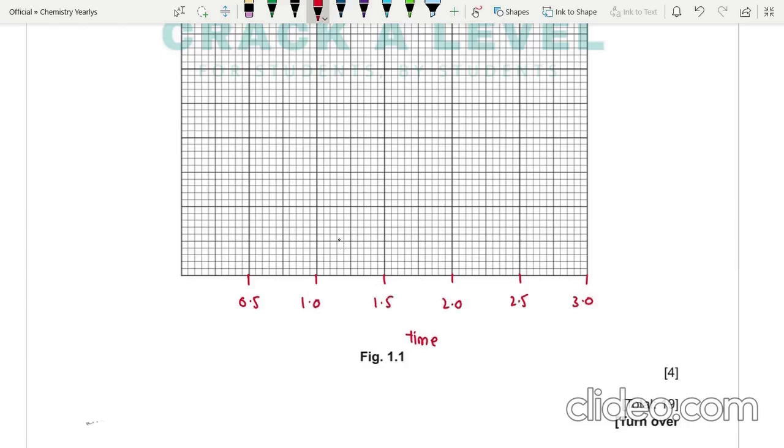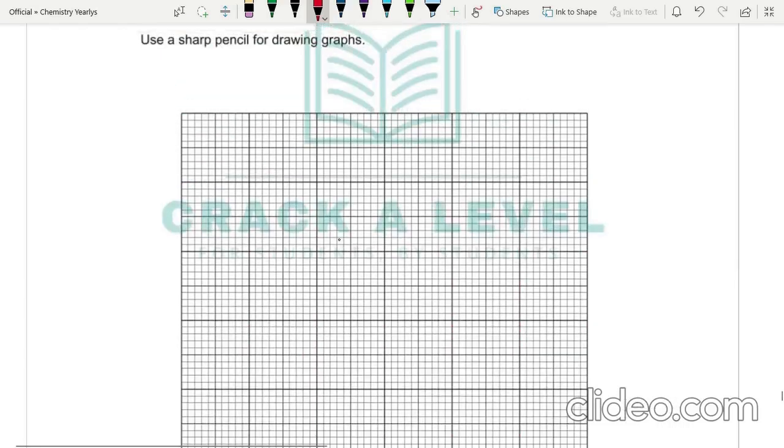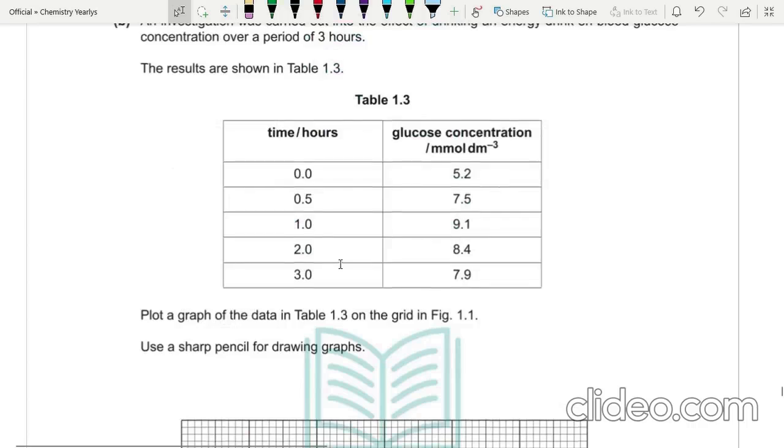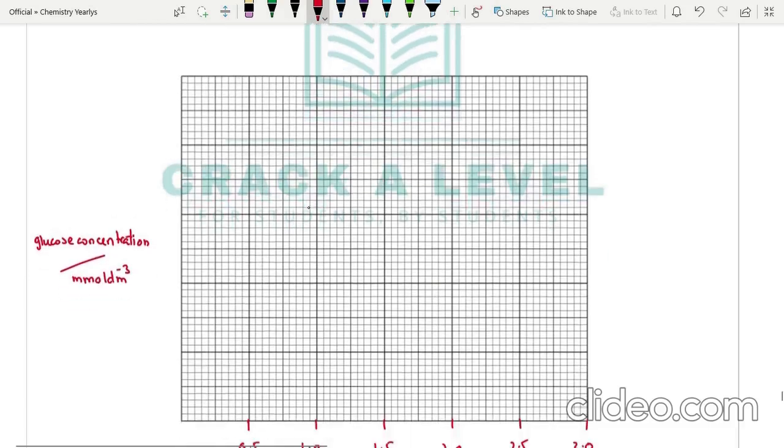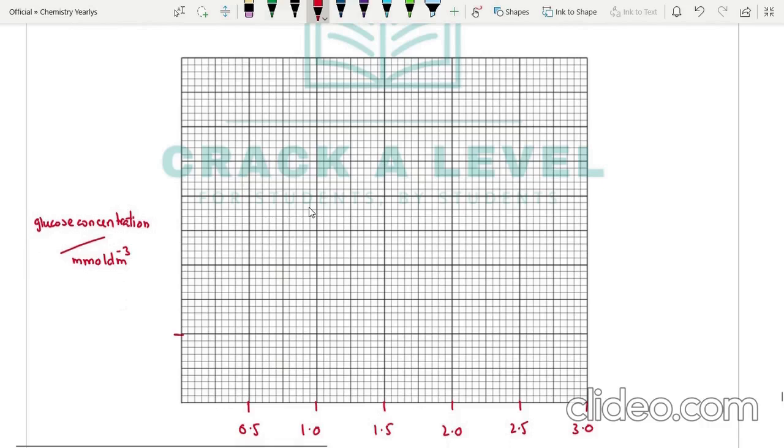So the x-axis is time, and the unit is hours, and the other axis is glucose concentration in millimole per dm cube. Let's check how many boxes we have: 1, 2, 3, 4, 5.